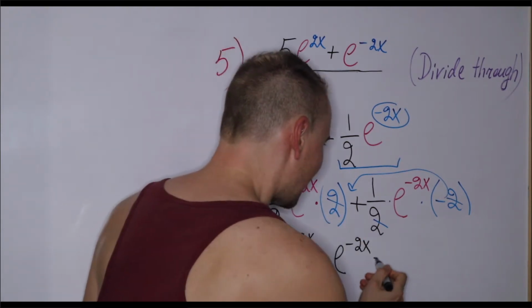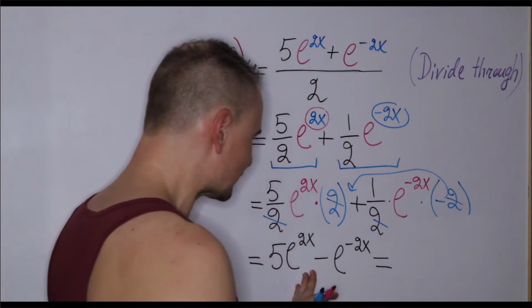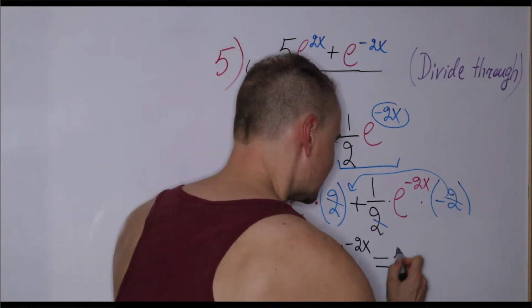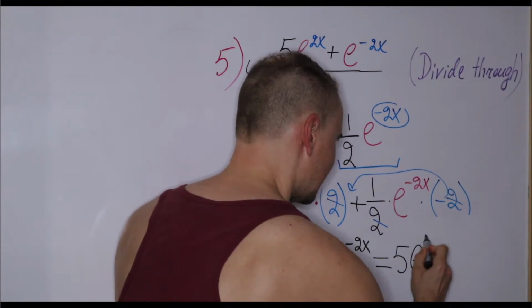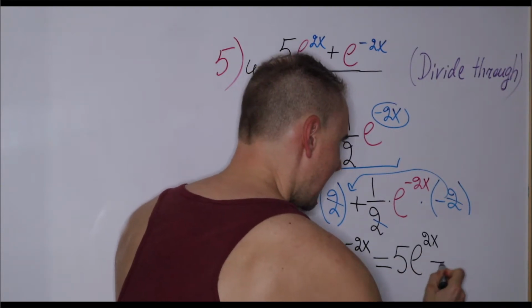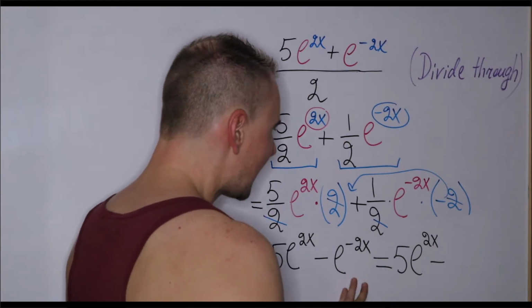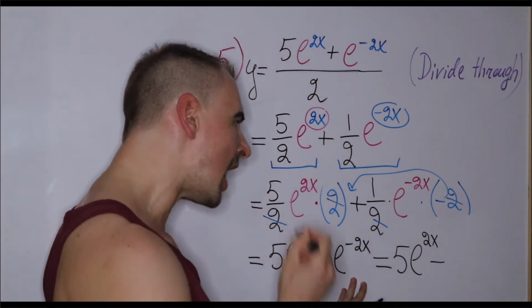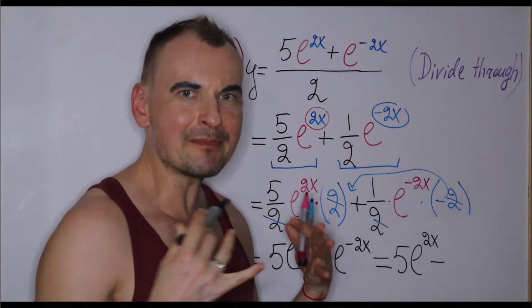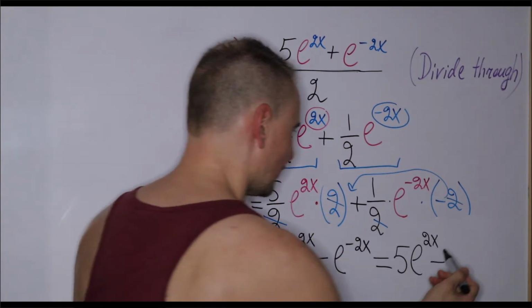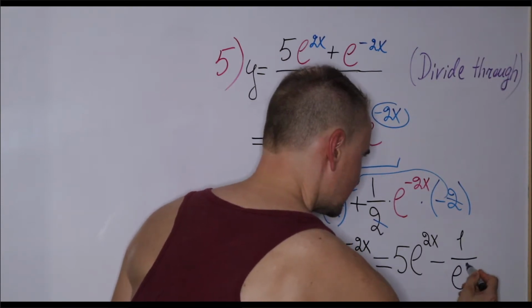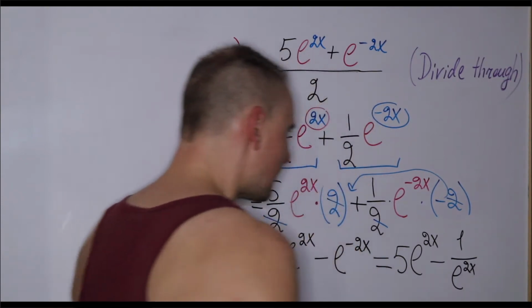So I'm going to rewrite the first term as this. There is nothing to do with the first one. So it's 5e to the 2x power minus, subtract off. And for the second one, you want to bring this negative power down in the denominator by making your power positive. So it becomes 1 over e to the 2x power.